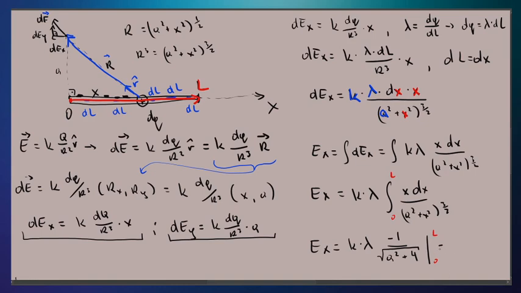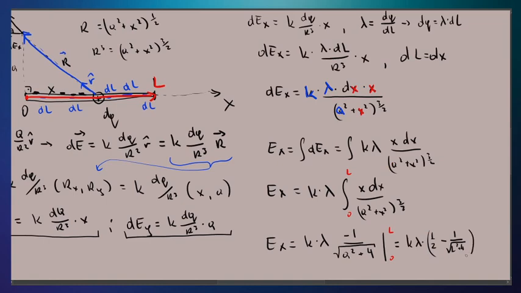When I plug in the values, what do I get? So it's k times lambda, and then 1/2 minus 1 over the square root of L squared plus 4. Let me write this 4 a bit better. So L squared plus 4, square root of this thing, in parentheses. So I found Ex.